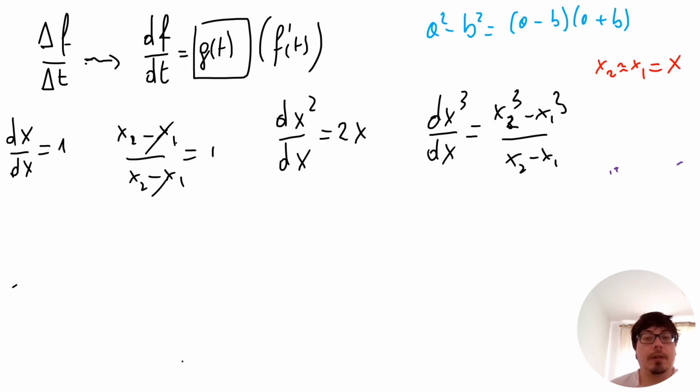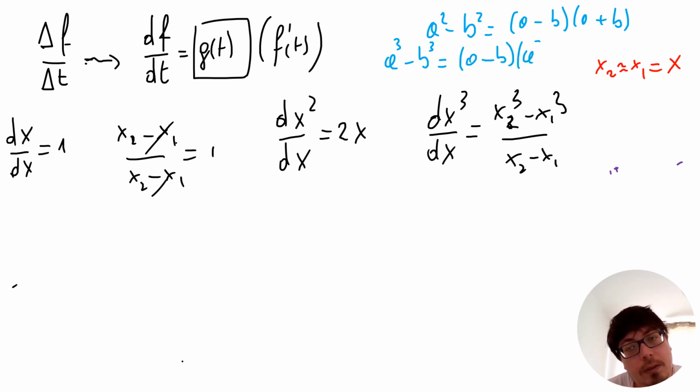And for this one, we need to remember a nice formula, which we can prove easily, but I'll link it as well, which is a squared plus ab plus b squared. So we can prove it easily. A times a squared is a cube, ab squared goes away with minus a b squared, and minus b times b squared is minus b cube.